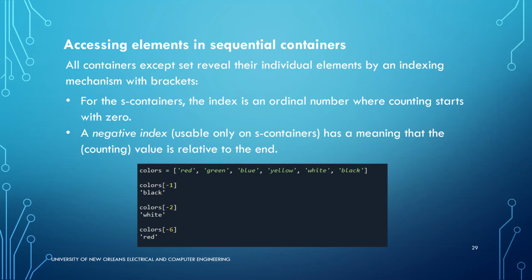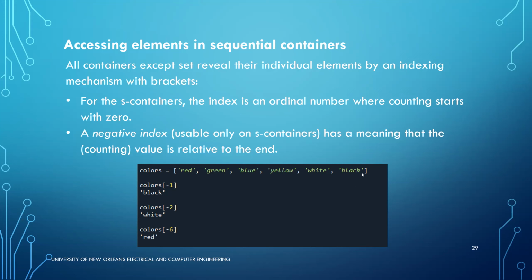So in this example that we have here on the screen, we have a list of 6 elements, each identified by a string, right? By using this notation, the -1 indicates that we are accessing the last element on the list.